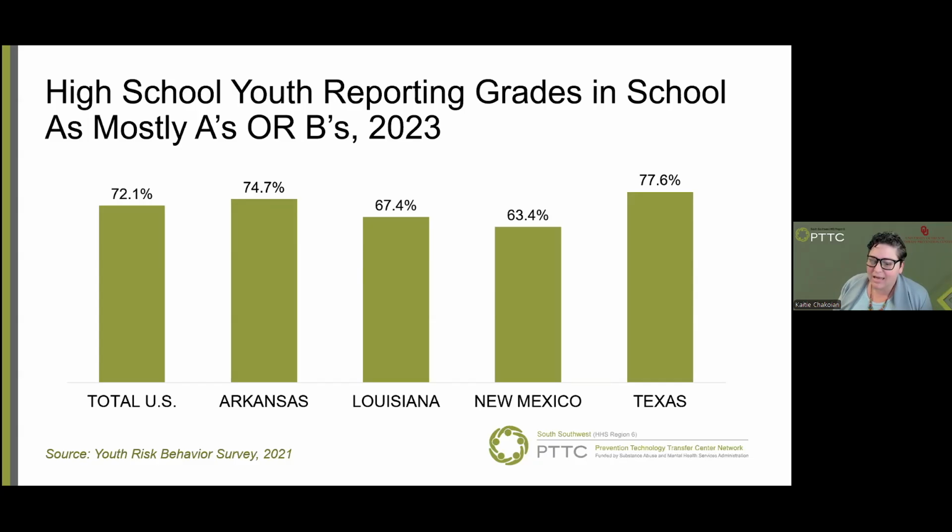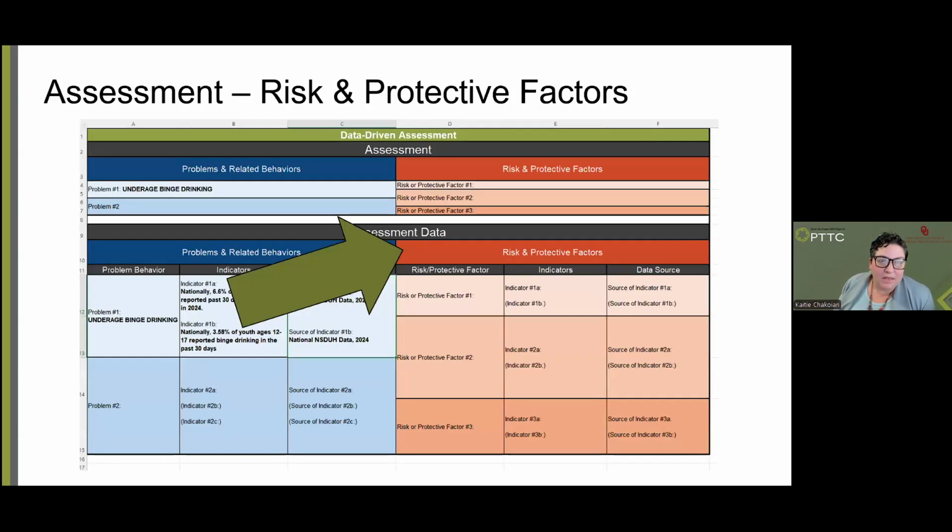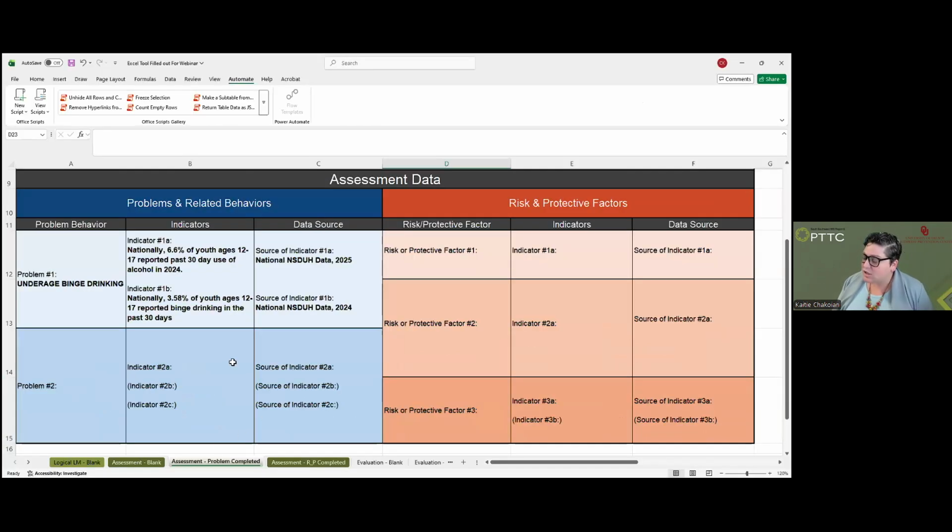So let's go back to our tool and start putting this in. I'm going to jump back over to my Excel so we can look at it together. Great. So you're on that same assessment tab, and all we're going to do is move from the blue side over to the orange side and look at what would be the most relevant risk or protective factors.